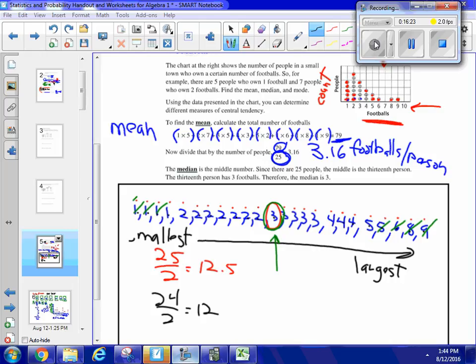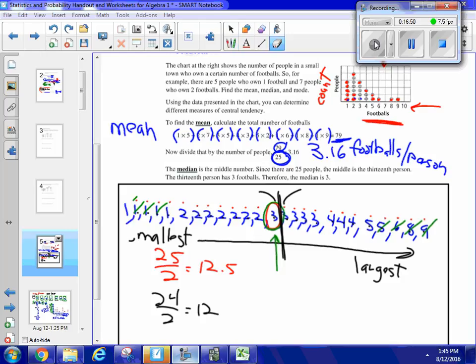What you would do is you would take this number here and that number there and find the average, the mean of those 2 numbers. So let's say I had been smart, sorry for confusing you here, and I'd left this 1 here, but I'd gotten rid of the 9. Well, in that case, our median would have been right there between the 2 and the 3.